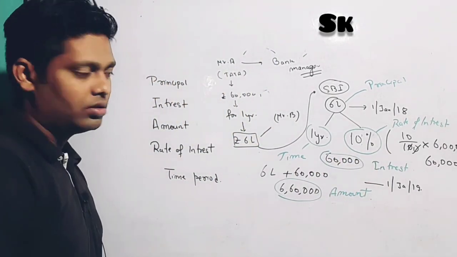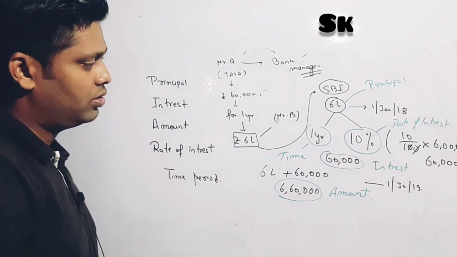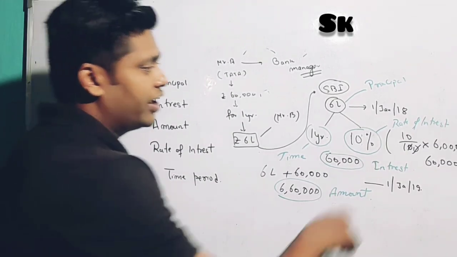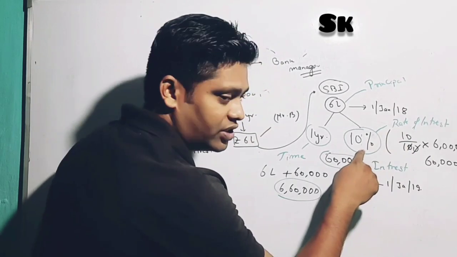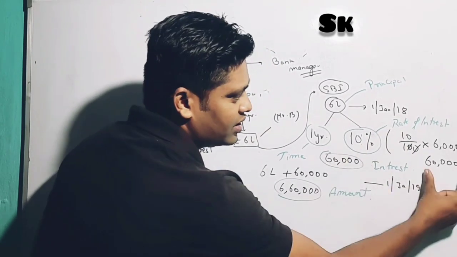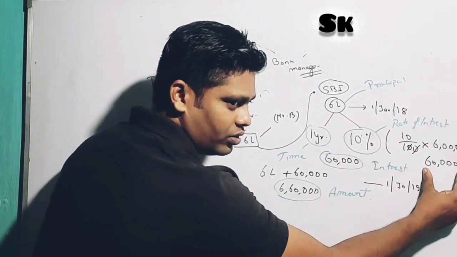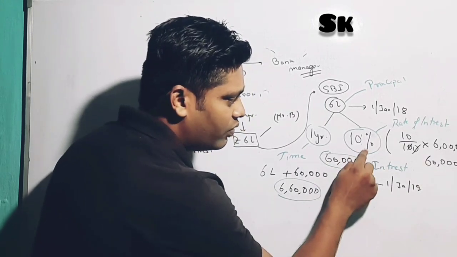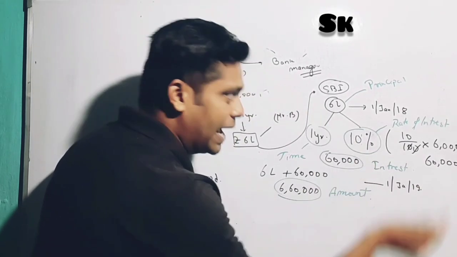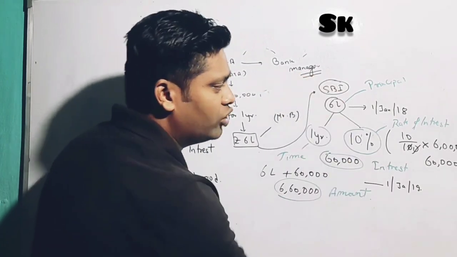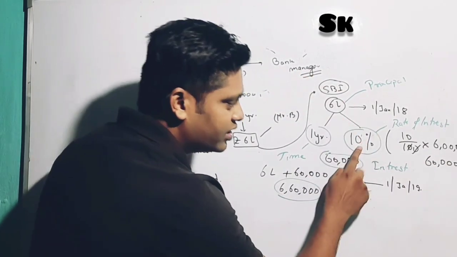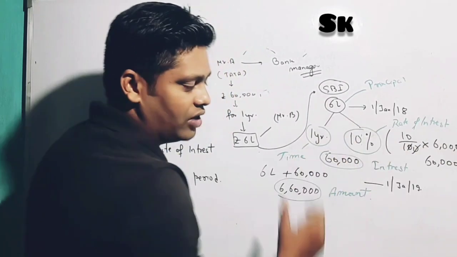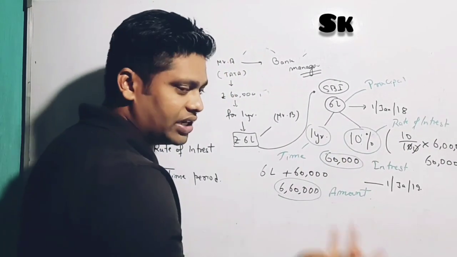Rate of interest means it will be in percentage form. Interest means this is the calculation, this is the amount. Rate of interest will always be in percentage. When you calculate over the original value, then you will get interest. Rate of interest is this one, interest is the actual value. If they give you 10%, you may not know how much 10% means.